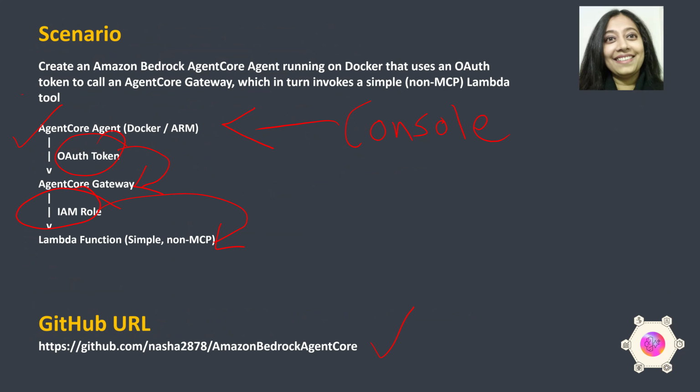So we have basically depicted this entire workflow working end to end. This time around, we created our agent using Docker. So it's a Docker image, a container that has been pushed to ECR, and we are loading that container and calling our agent, and that agent is eventually calling our gateway and our Lambda function behind the scenes.